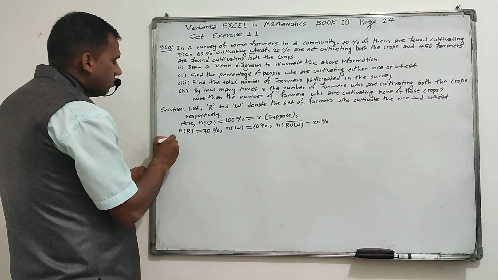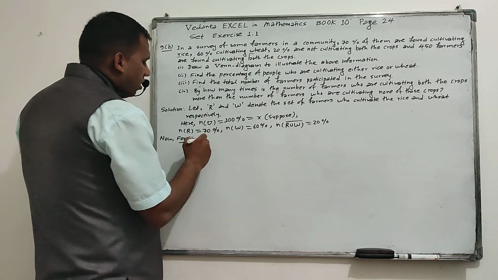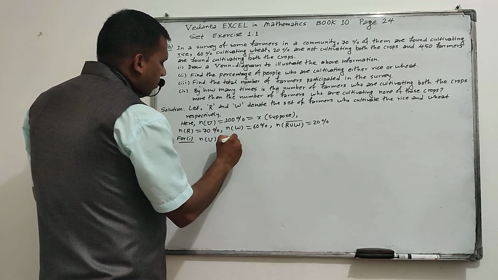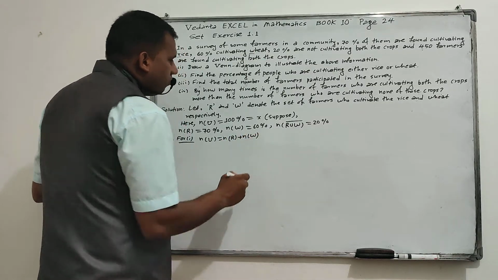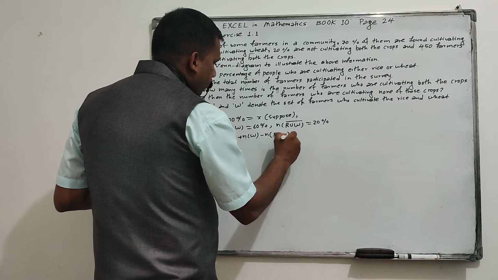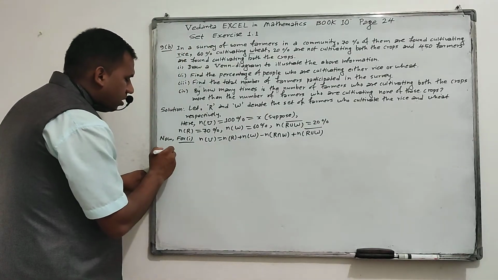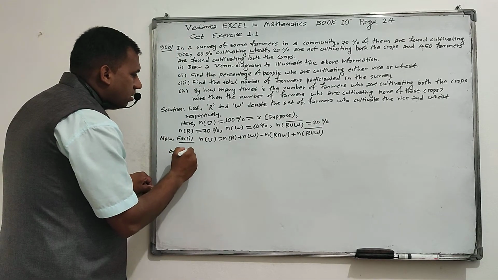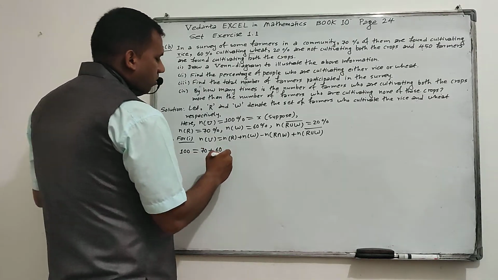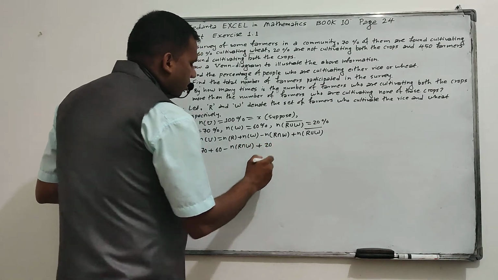Now for 1, we know that number of U equal to number of R plus number of W minus number of R intersection W plus number of R union W whole complement, or 100 equal to 70 plus 60 minus number of R intersection W plus 20.